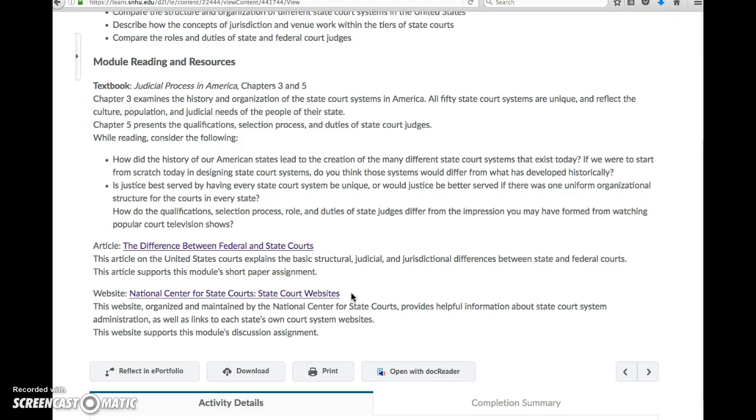So venue then is a geographic area, the location in which a case may be heard. Now, what does this mean?